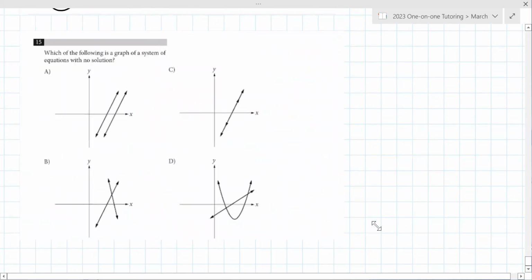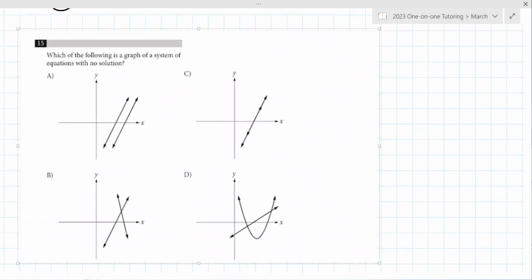It's not easy to see. Is the answer A? Yes, good.